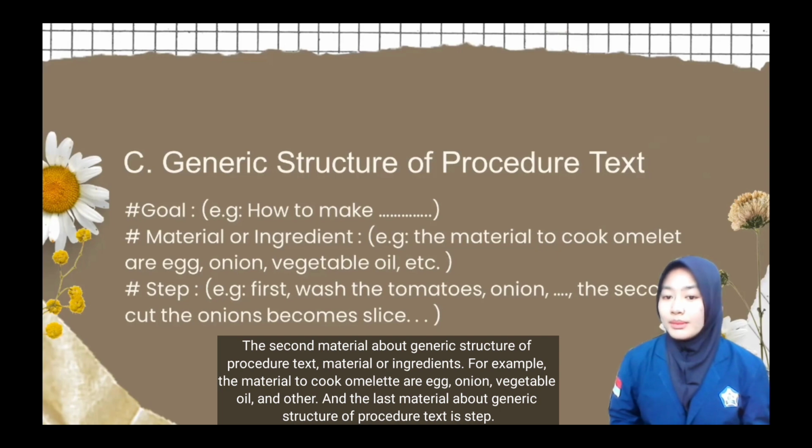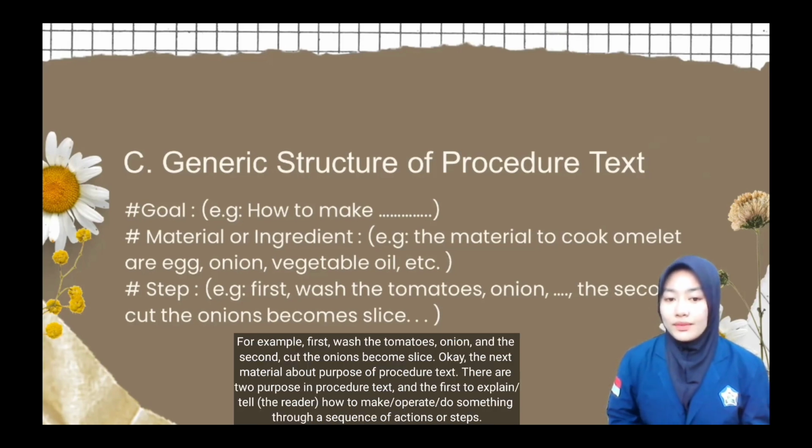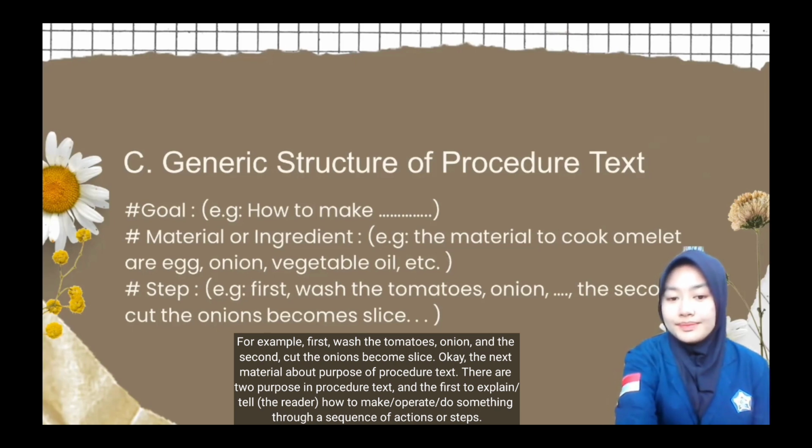For example, the ingredients to cook an omelette are egg, onions, vegetable oil, and others. And the last material about the generic structure of procedure text is steps. For example, first, cut the tomatoes and onion, and the second, cut the onions into slices. Okay.